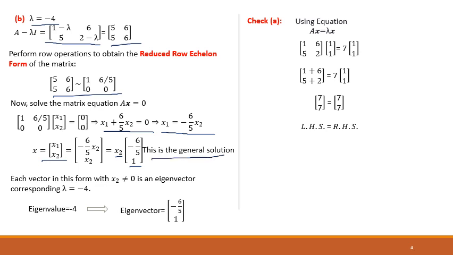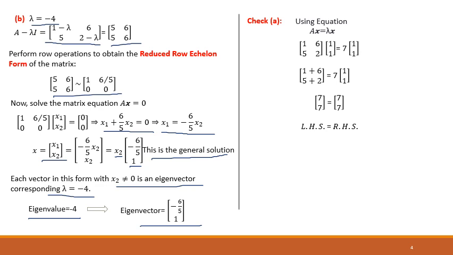This is known as the general solution, and each vector in this form with x2 not equal to 0 is an eigenvector corresponding to lambda equal to -4. So when the eigenvalue is -4, our eigenvector is (-6/5, 1).